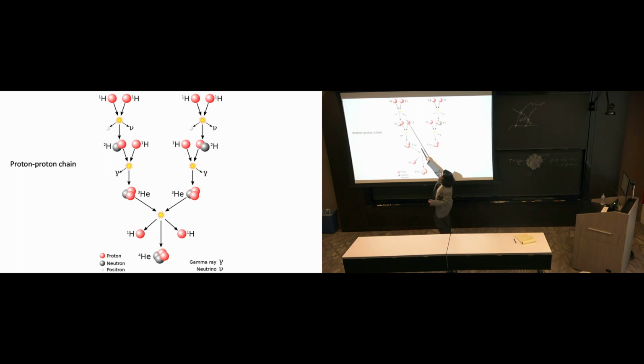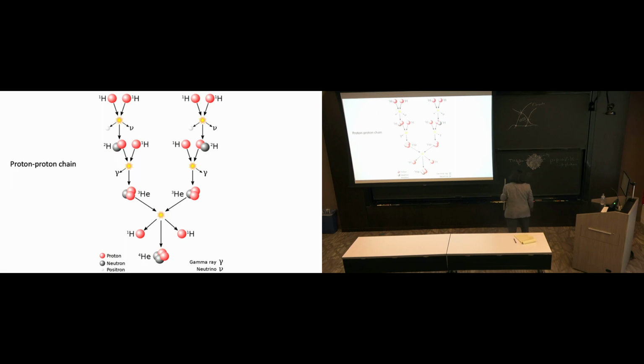But you can fuse two protons into a deuterium. Good. You can fuse two protons into deuterium, and again, with more and more hydrogen nuclei, more and more protons, fuse them into helium.